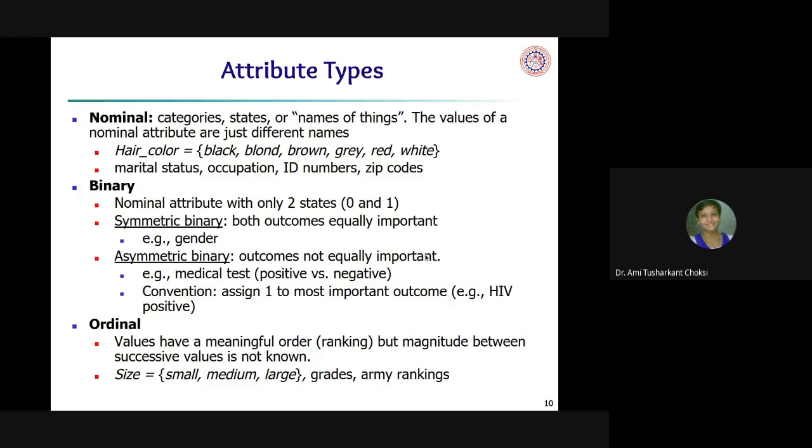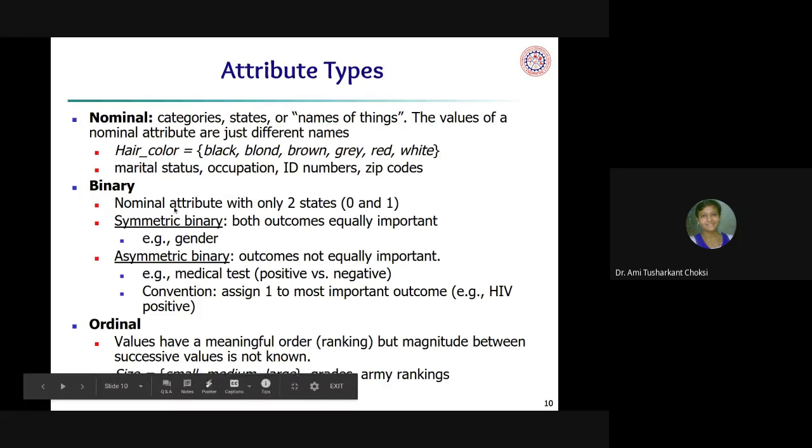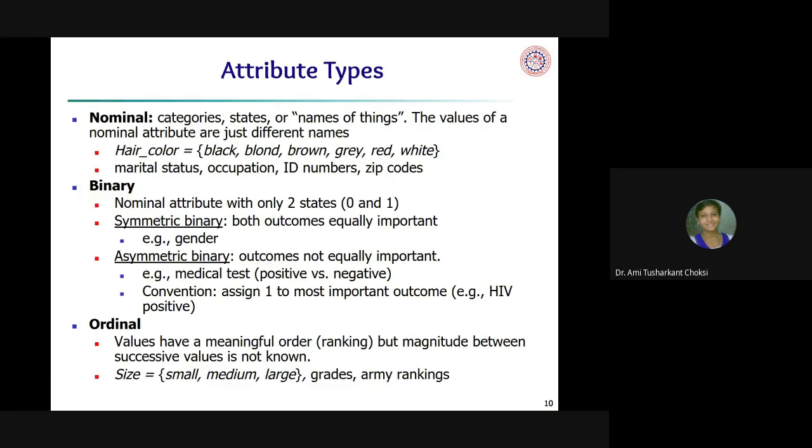That means we consider, say, size equal to small, medium, large. Or army rankings, or any other thing, like grades, right? Here we already know the ranking: if 1 is smaller and 3 is more, then for small the ranking is 1, for medium it is 2, for large it is 3, right?